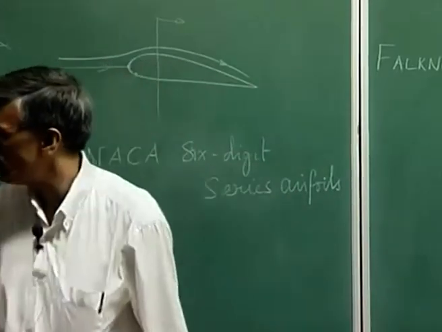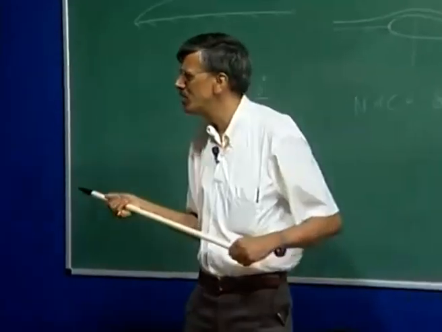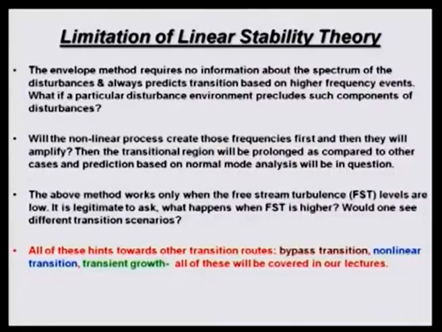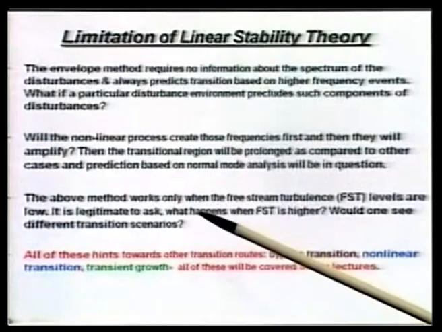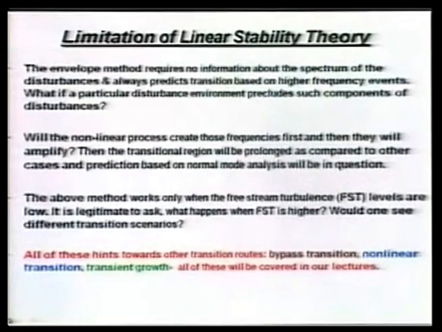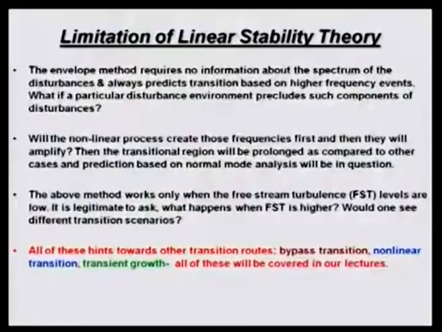And all this theory seems to work if this level of free stream turbulence is low, then of course, you are free to ask the question, what happens if the free stream turbulence is not low. Okay, so, we are asking a very legitimate question: if the free stream turbulence level is higher, will our linear theory work?